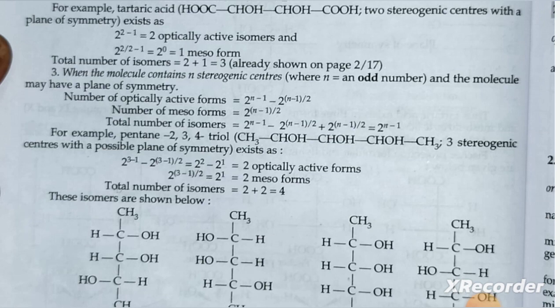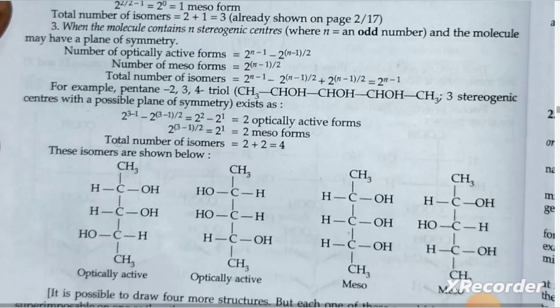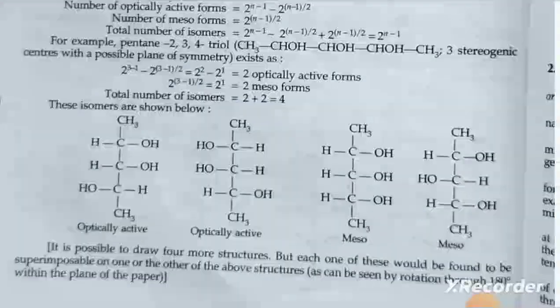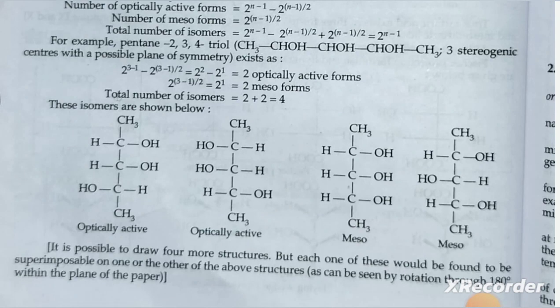Total number of isomers is equal to 2 plus 2, which is equal to 4. These isomers are shown below. First is optically active, second is optically active, third is meso form and fourth is also meso form. It is possible to draw 4 more structures, but each of these would be found to be superimposable on one or the other of the above structures, as can be seen by rotation through 180 degrees within the plane of the paper.